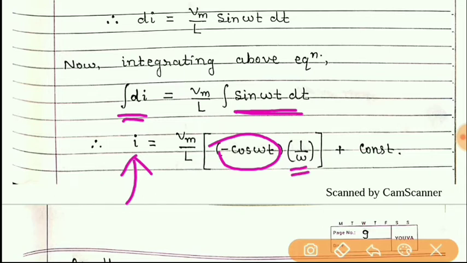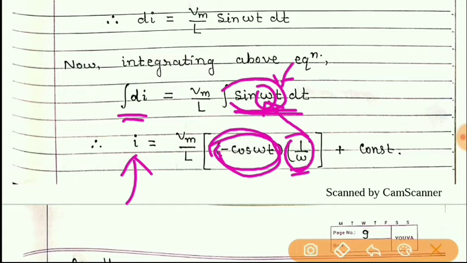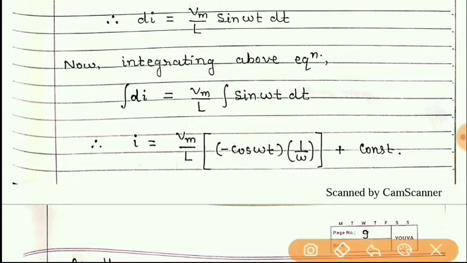Once again, integration of sin omega t is minus cos omega t, but here there is omega with a function t, and in integration that constant omega is divided. In differentiation, we used to multiply that constant. Here we have applied chain rule of integration. So this constant is here in the denominator.